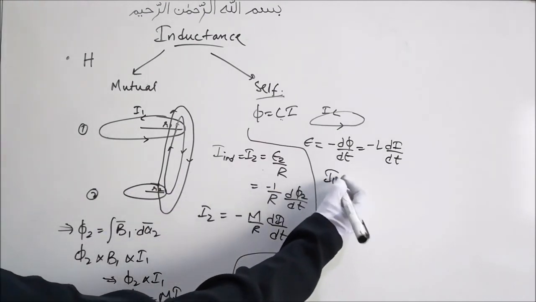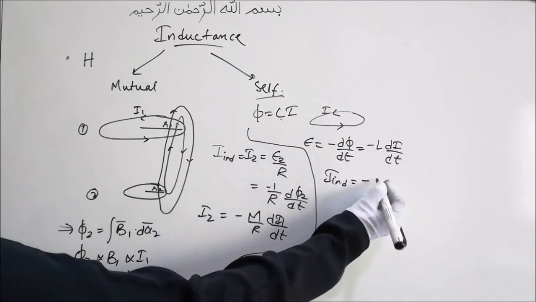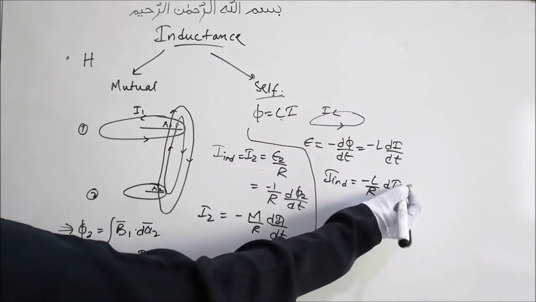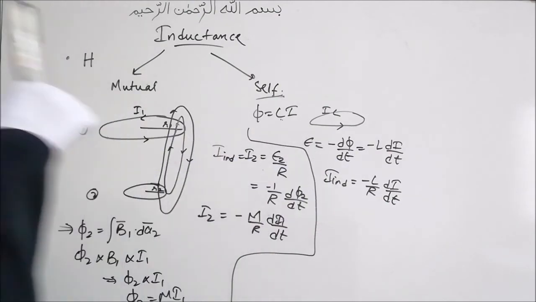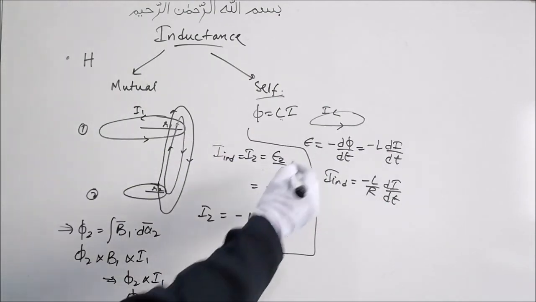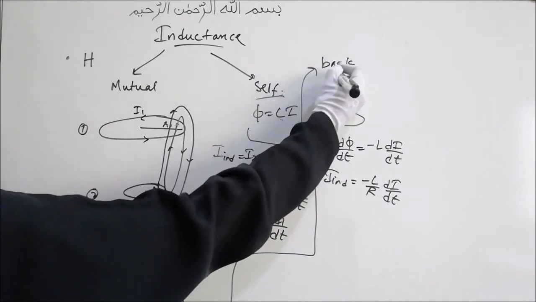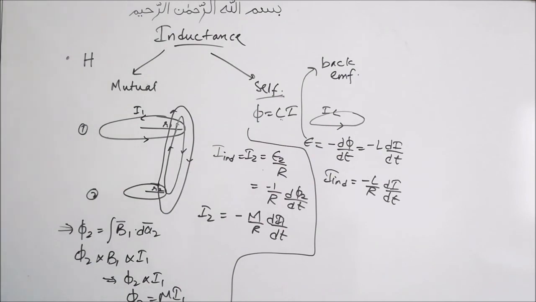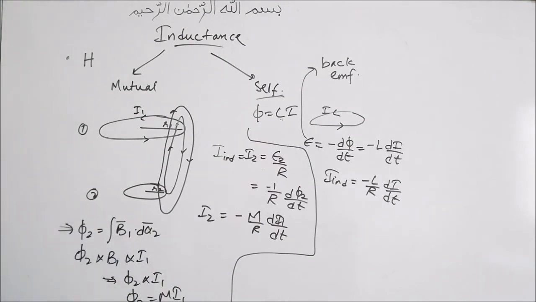Then the induced current, I induced, will be equal to epsilon divided by R, which is minus L by R, di by dt. This EMF is called the back EMF. Why the name back EMF? It is because it opposes any change in the current in the circuit.